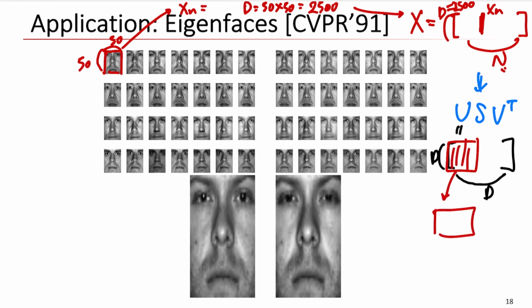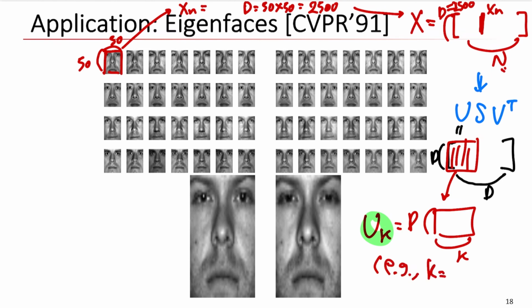Then let's say this one is the D by K, so it will be the new U K. By using this one, we can project the original image to the new K dimensional space.